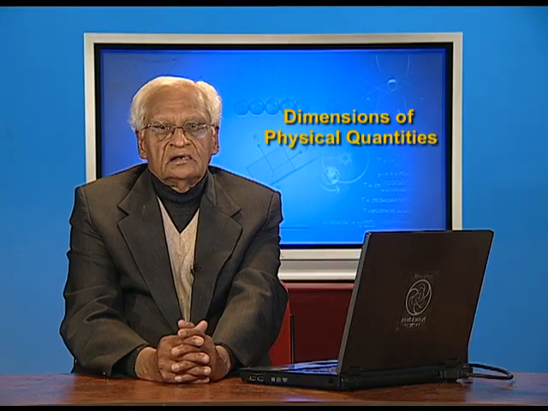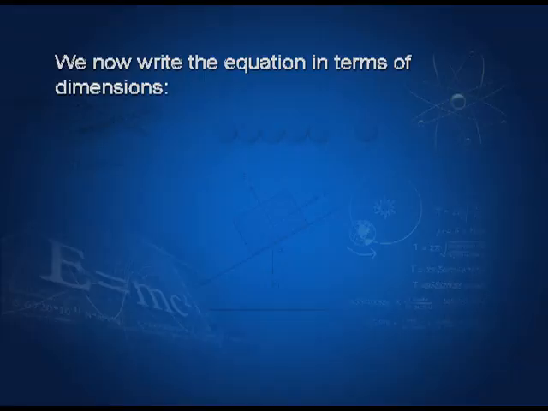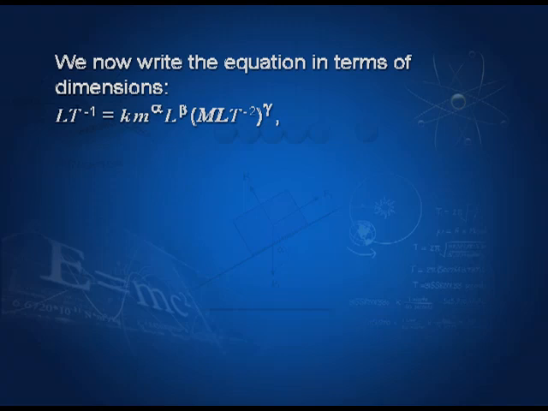We now write the equation in terms of dimensions. On the left hand side, you have L T to the power minus 1. On the right hand side, you have k M to the power alpha, L to the power beta, and M L T minus 2 whole to the power gamma.